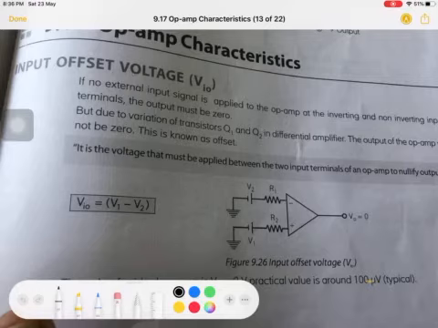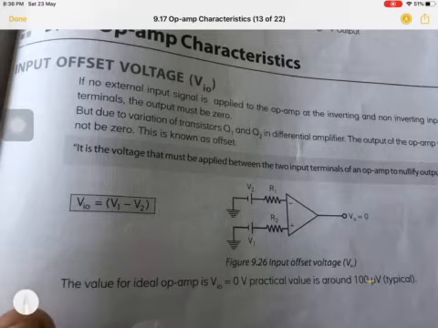It means if we connect both input terminals to the ground, there should not be any output. However, in a practical op-amp, some voltage is observed at the output even if the input voltages are 0.